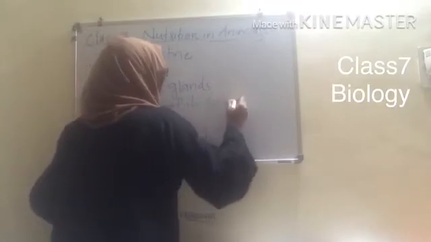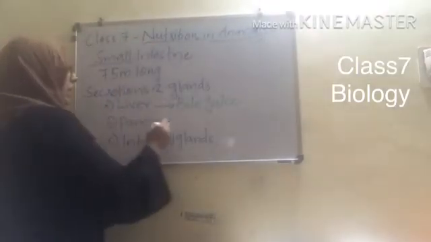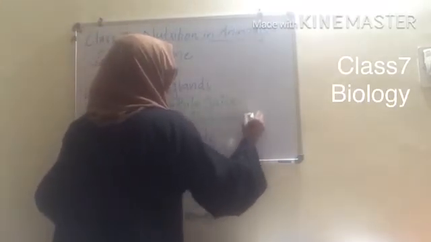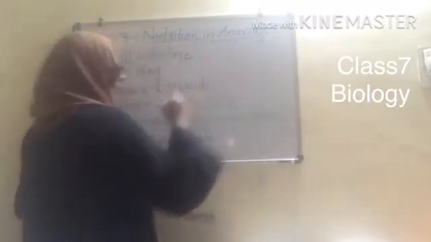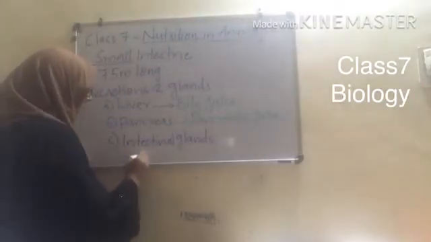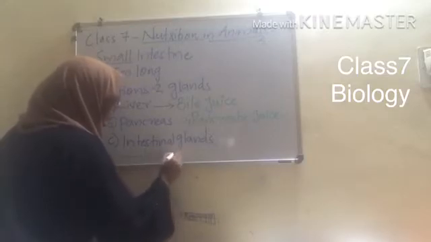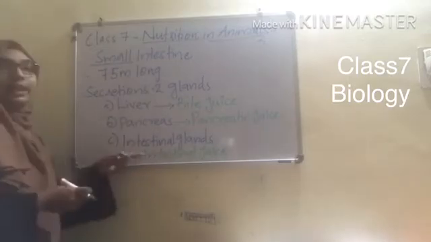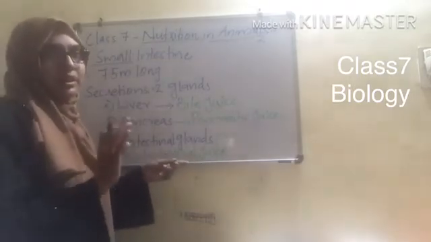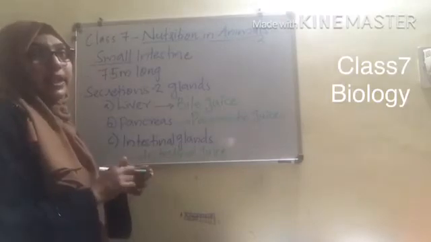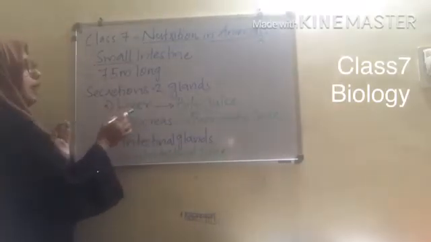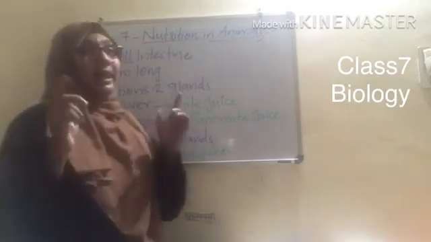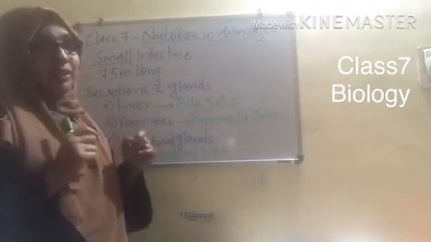What does the liver secrete? Bile juice. Clear? Pancreas secretes pancreatic juice. Intestinal glands secrete intestinal juice. These intestinal glands are present in the walls of the intestine itself. In addition to these, the small intestine receives secretions from the other two glands, the liver and pancreas. We have studied these associated glands in the flow chart.